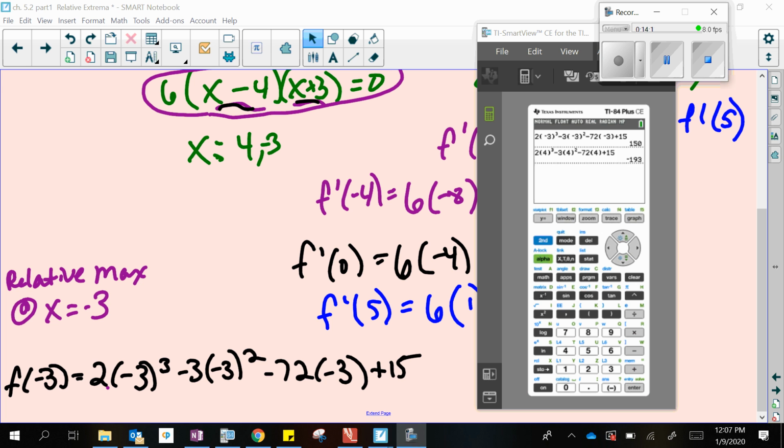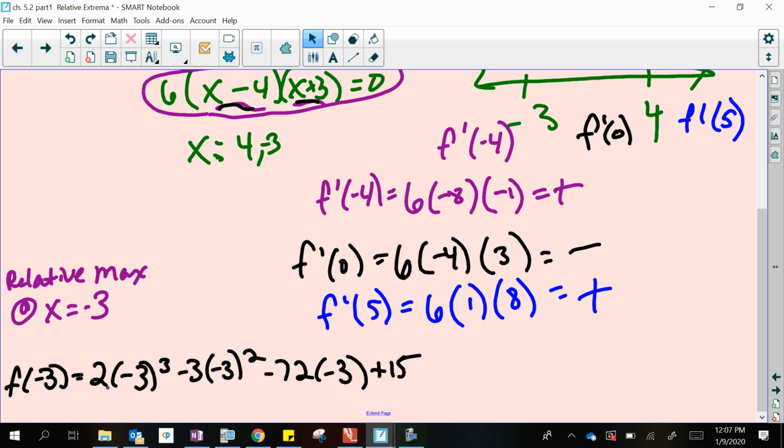So I highly recommend that you do the whole thing at one time. When you try to split it up into little pieces, I just feel like it can cause more mistakes, right? So when we plug -3 into the original equation, we get 150, right? So what that means is there's a relative max at -3.